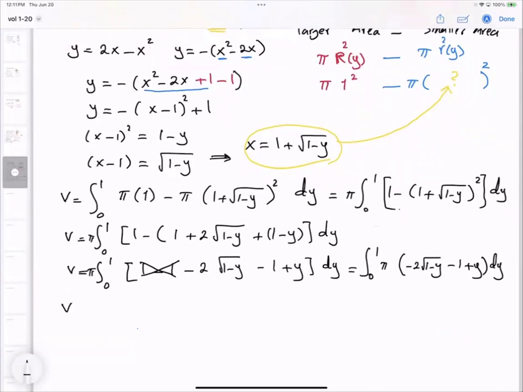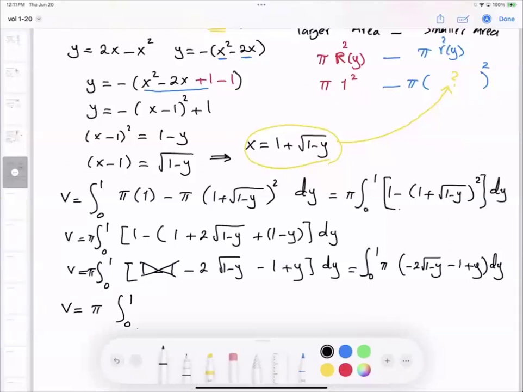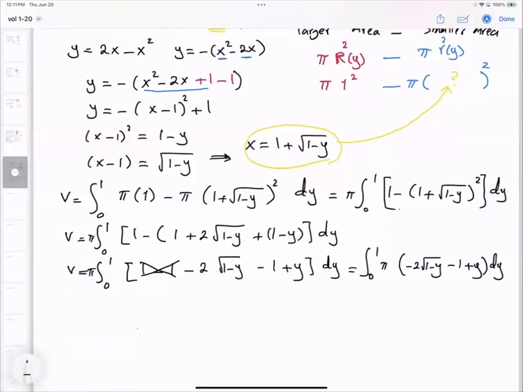Our volume is equal to pi times the integral 0 to 1. You could separate these, or for this guy, you can use u-substitution. It doesn't matter. But remember that. Let me just erase the integral and write down this guy here.